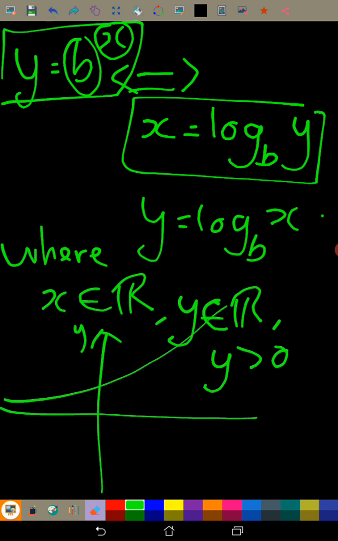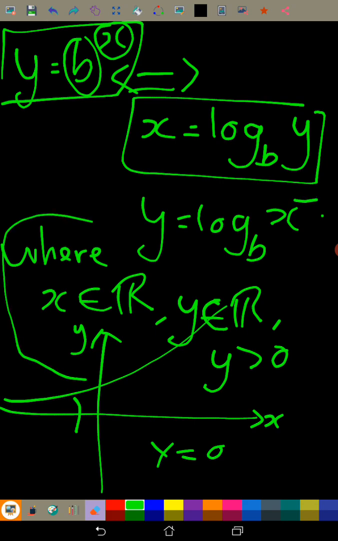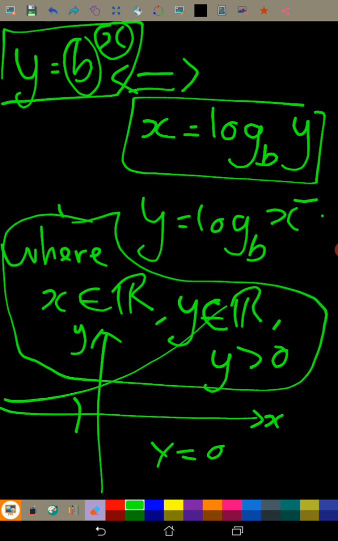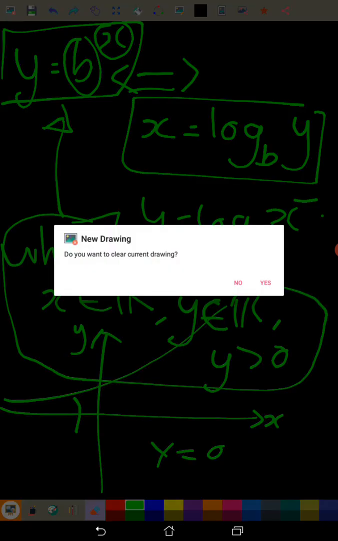So y here does not cross the x-axis. Y is never 0. It's greater than 0. So this is the definition of the function for this, and looking good.